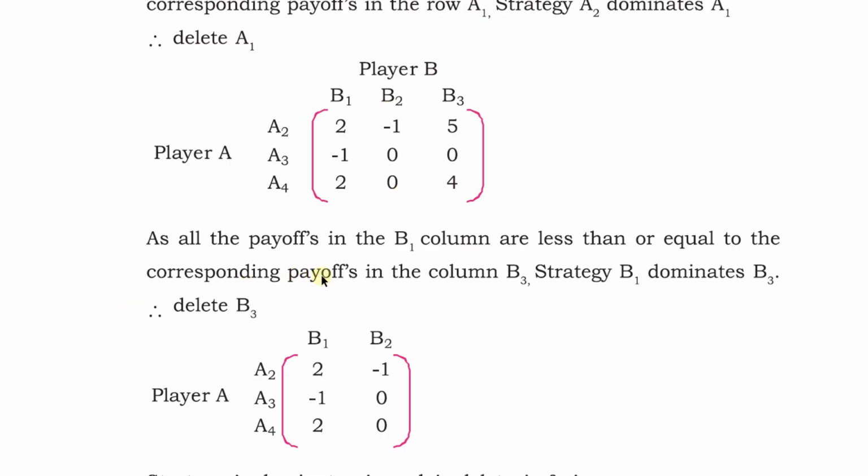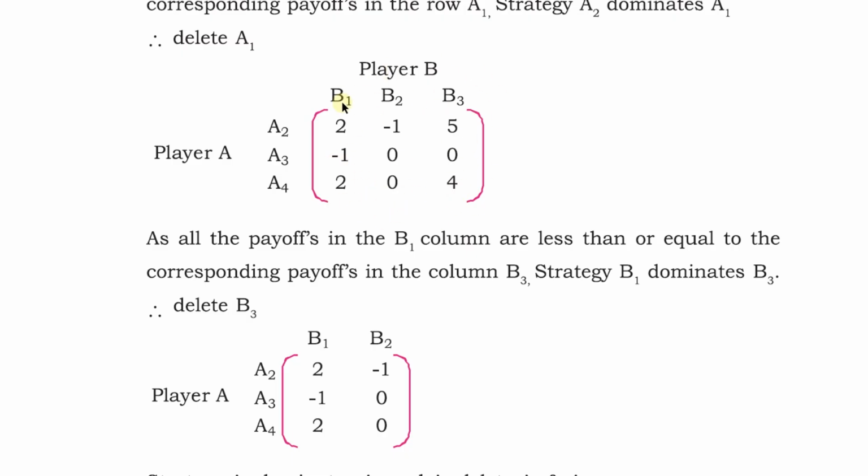So check b1 here. b1 has 2, minus 1 and 2. Here 2 is greater than minus 1, minus 1 is less than 0, but 2 is again greater than 0. Hence b1 will not dominate b2 here.